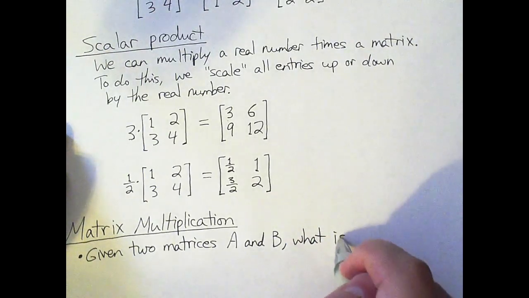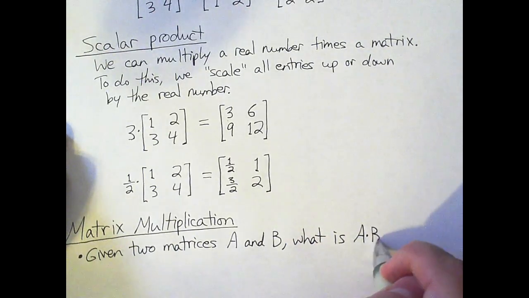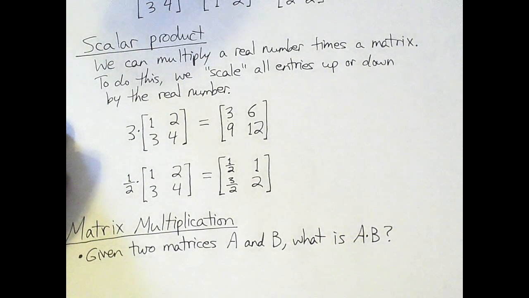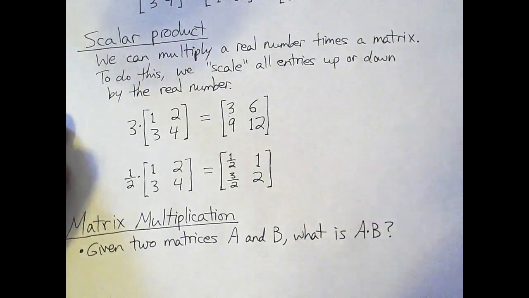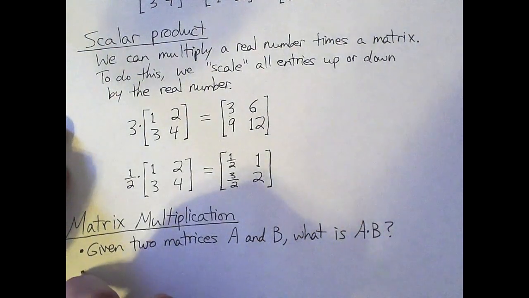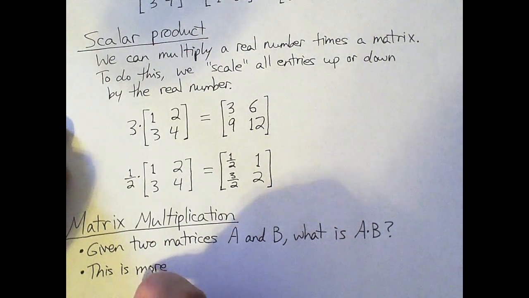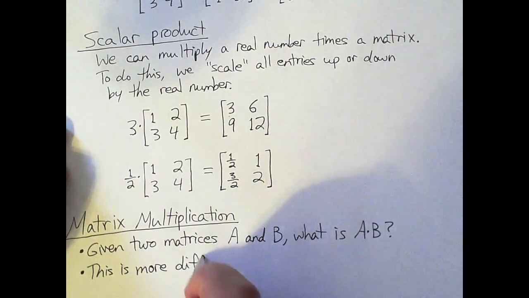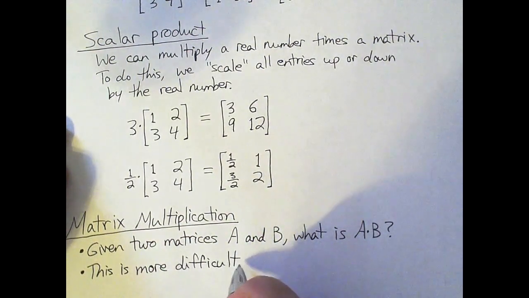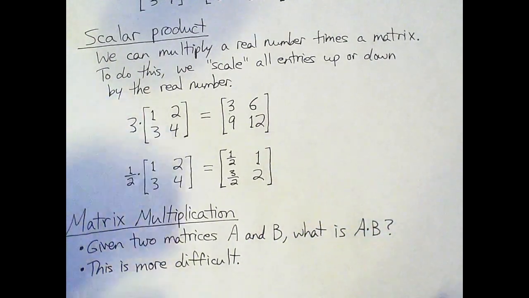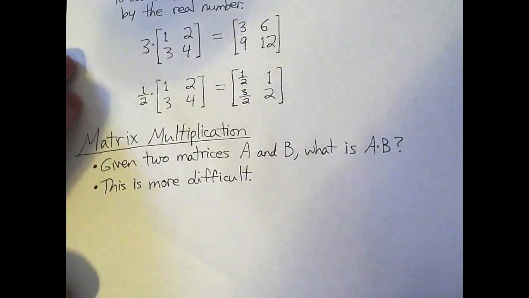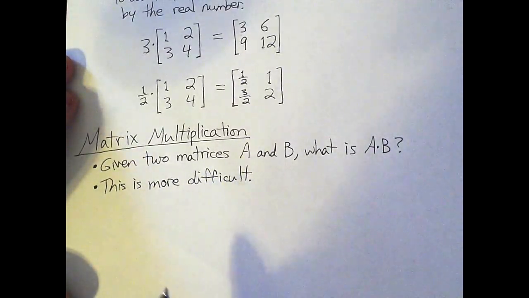And the question is, what is A times B? Now, I'm going to say this is more difficult than what we've done so far in this lesson. It's not as straightforward as adding or subtracting. I mean, you might think, would we just multiply the corresponding entries? But that's not how we do it. There's a reason why, but that's not how we do it.